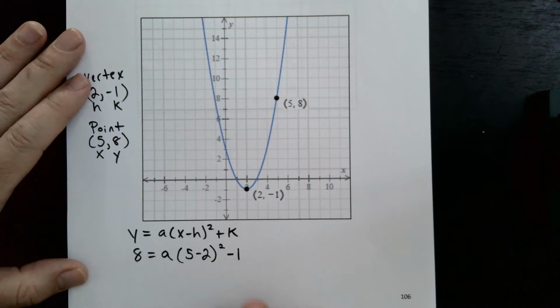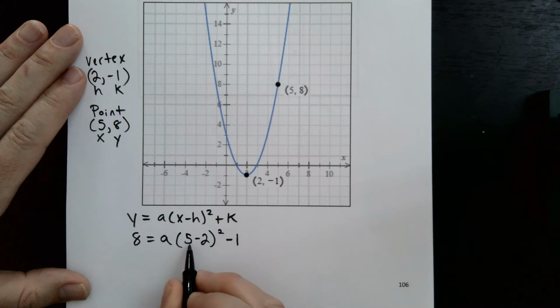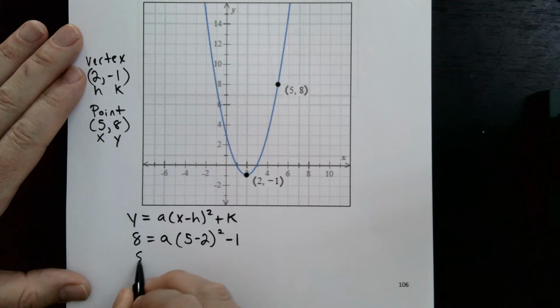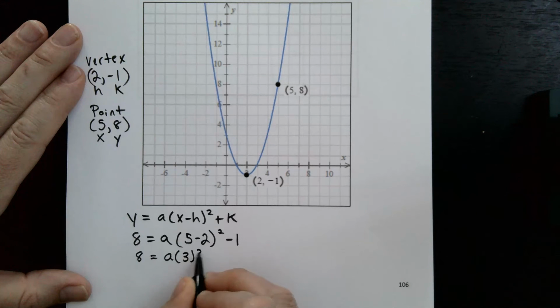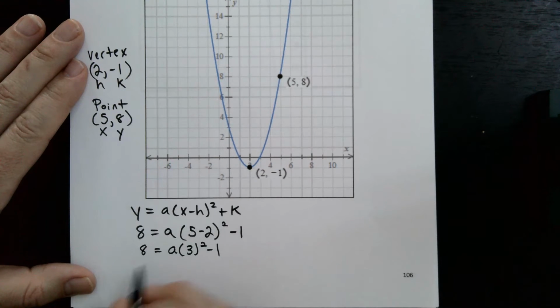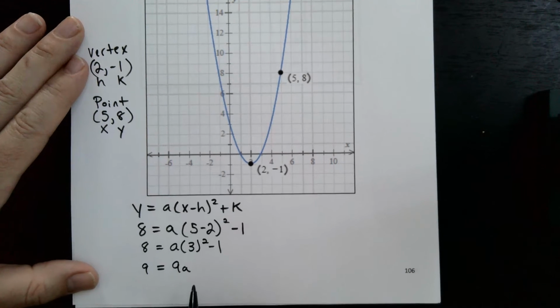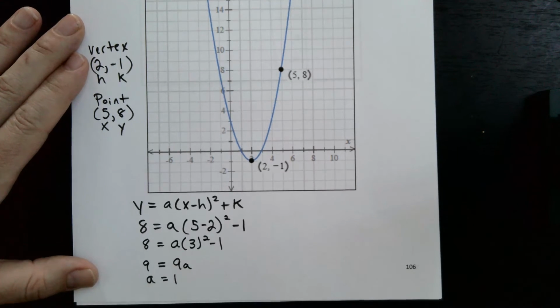I need to solve this for a. 5 minus 2 is 3, so 8 is equal to a times 3 squared minus 1. Let's move that 1 over, and let's also square that 3. If we move the 1 over by adding, it'll be a 9 on the other side, and then we get 9a. If I divide both sides by 9, I get a is equal to 1.